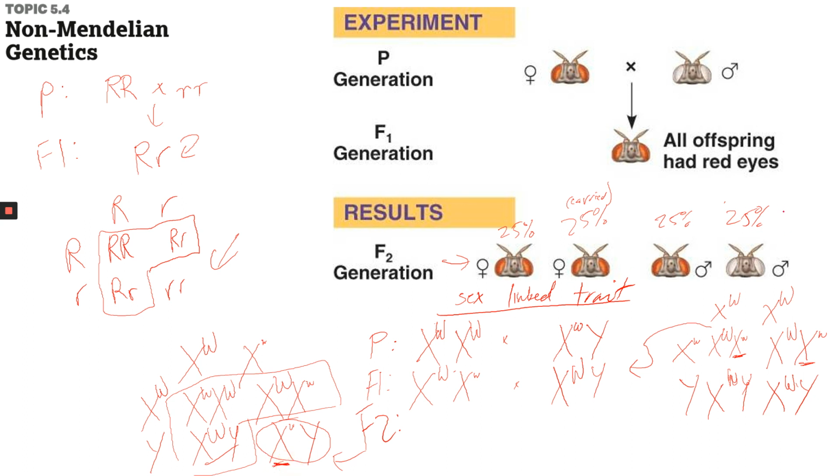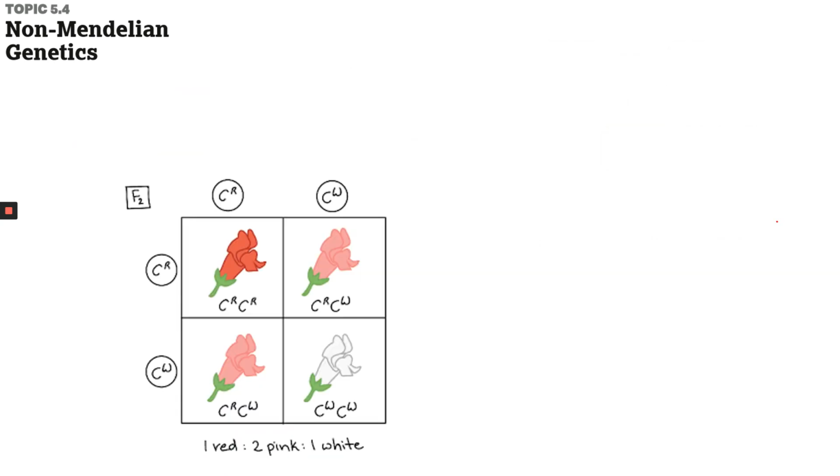Again, kind of a big disadvantage for males. And there are things like color blindness, which you might have heard of, something that affects males more often than females. So this is one exception to the way Mendel's rules work.